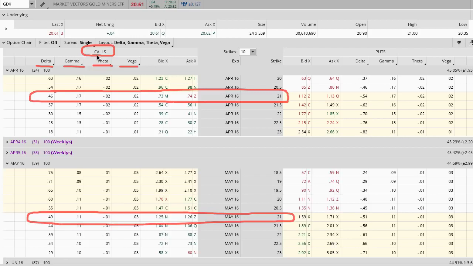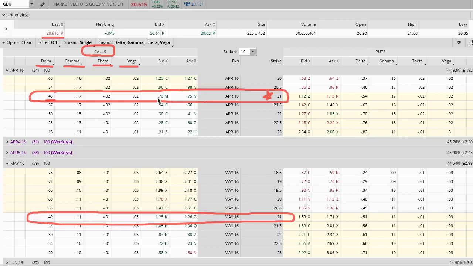Now remember, delta is going to tell us how much money we make or lose based on a $1 move up in the stock. Right now, the delta of the 21 strike call options is 46.46. What this means is that if the stock goes $1 higher from where it's at right now, from 20.62 to 21.62, all else being equal, the value of this option contract is going to go up by $46.